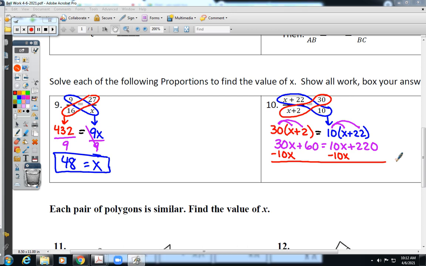We might as well do it now to get the x on one side and the number on the other, which gives us 20x equals, what is that, 160? And then what do we do next? Divide by 20 to get the x by itself. 160 divided by 20 gives us x equals 8.